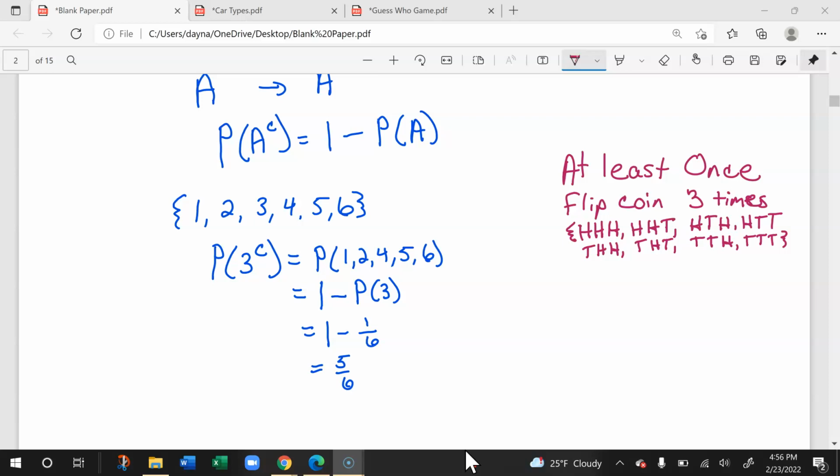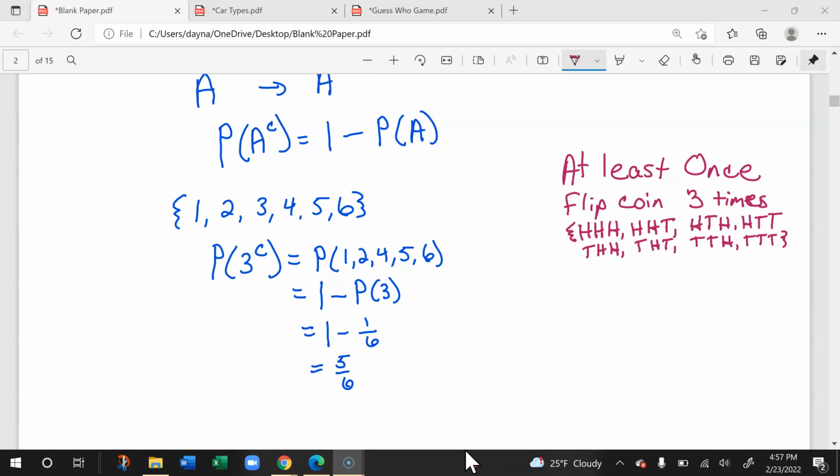You can get all heads, head, head, tail, head, tail, head, head, tail, tail, tail, head, head, tail, head, tail, tail, tail, head, or all 3 tails. Remember, when you're doing something multiple times, you have to think about taking order into account.